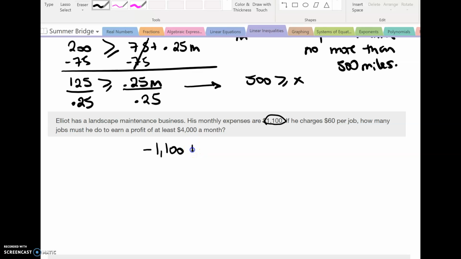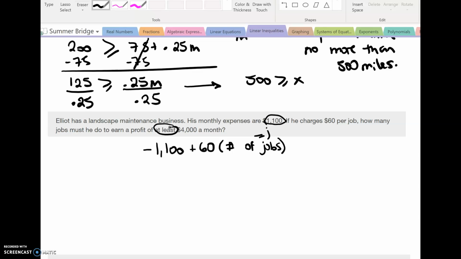Now, he is making $60 per job. Okay, so that's going to be $60 times the number of jobs, which I'm going to call J. Now he wants to earn at least $4,000 a month.